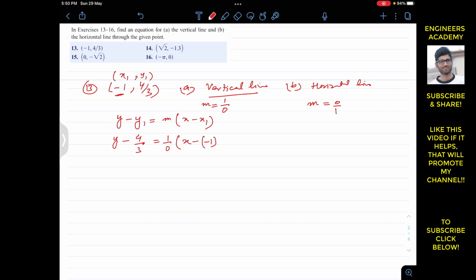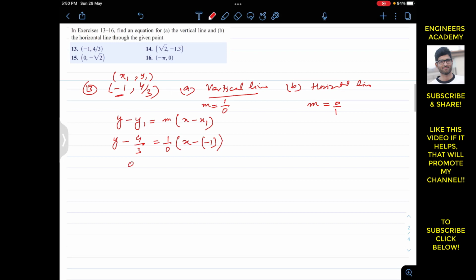Now if I multiply both sides of the equation by 0, the left hand side will become 0, and we will be left with 1 into x plus 1. So x equals minus 1. This is the equation of a vertical line which is passing through this point.